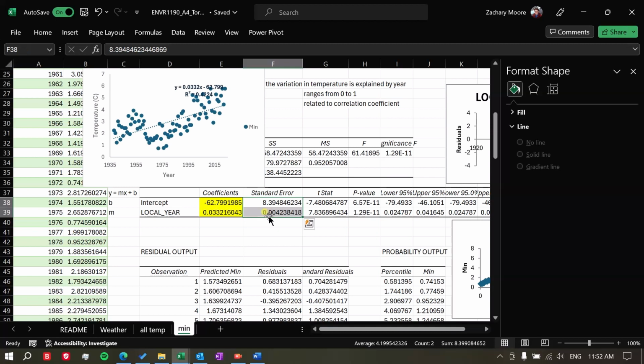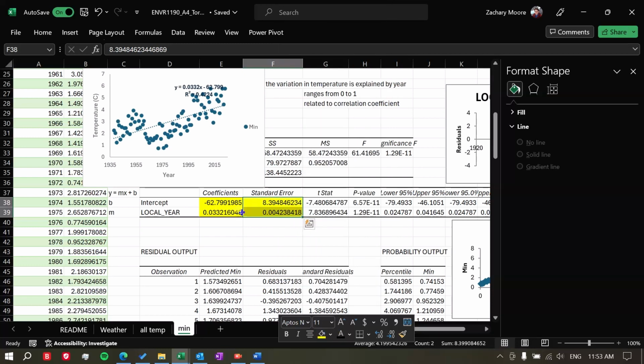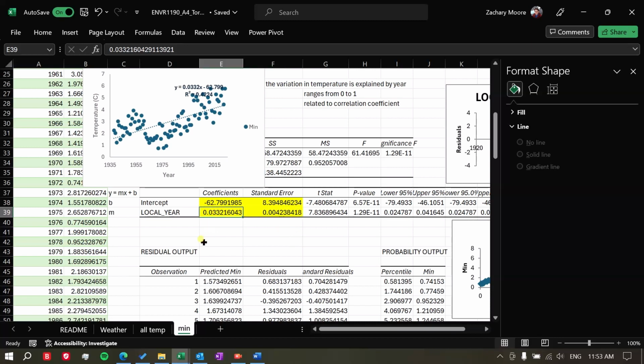Some of the other things that we're going to look at here are related to our standard error. The standard error, again, is that measure of variation that the model comes up with for how confident it is in these different things that it's put together for this linear relationship. So what this means is that local temperature is increasing.